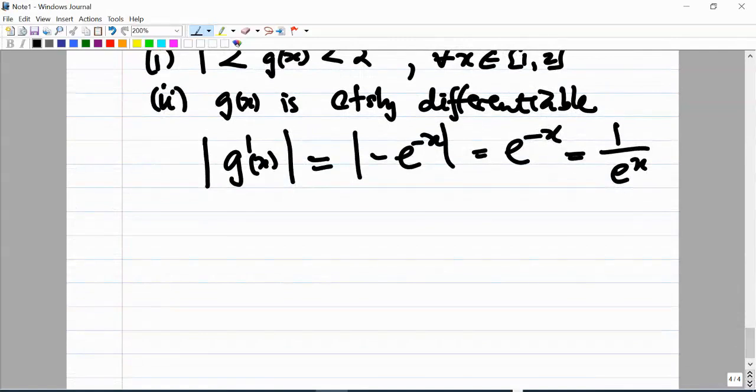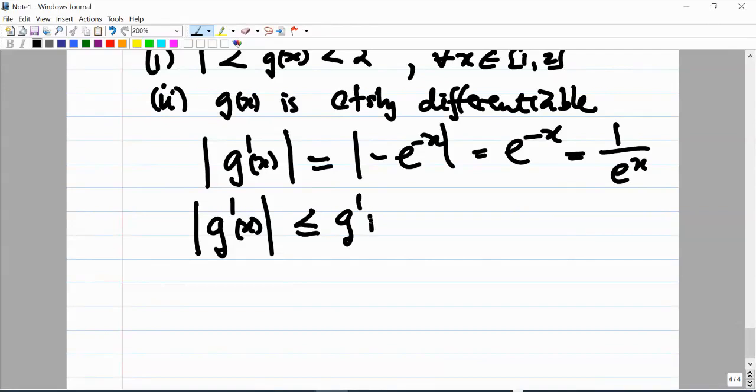And of course, this is a decreasing function, so you can test here that the absolute value of g prime at the maximum, which should be at 1, is less than or equal to g prime of 1, which is equal to 1 over e, which is less than 1.